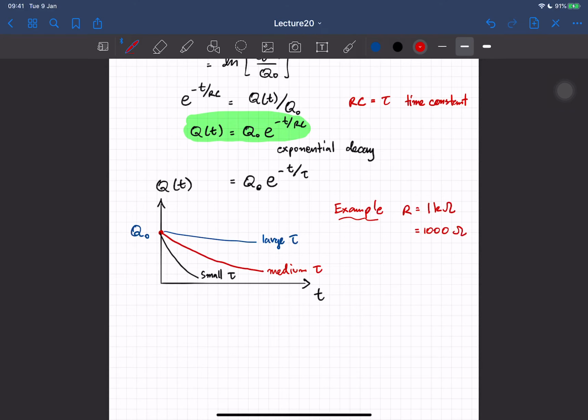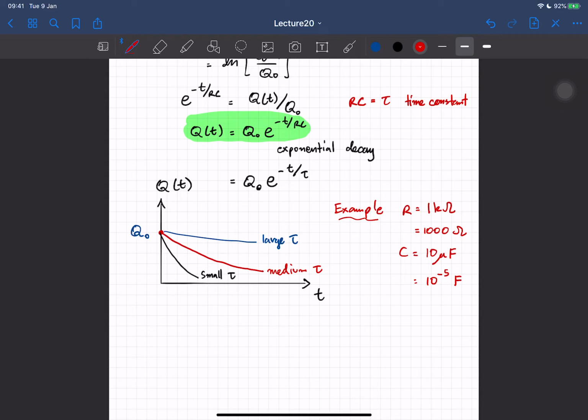This is a very common value of resistor. And a generic value of capacitor is about 10 microfarad, which is not too big, not too small. In farad, this is 10 to the minus 5 farad.